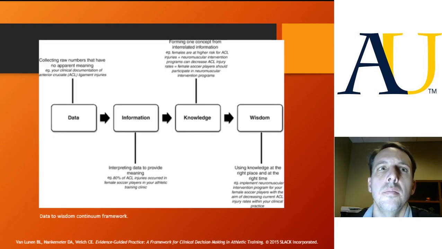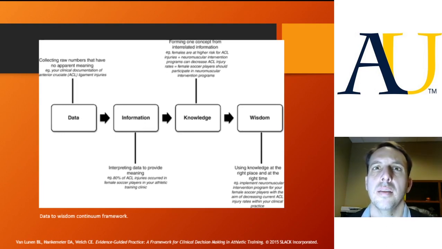So moving on now then to this idea here of the data to wisdom continuum. What this is, it talks about the flow of data and how it gets used. So you start with data, and data is just simply the raw numbers.